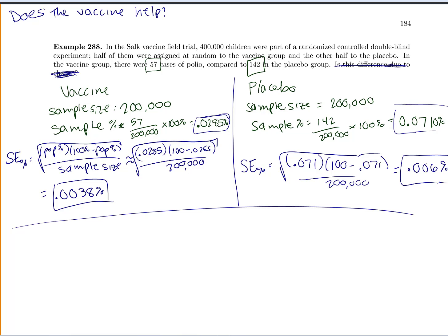So in that case, we would want the population percent for vaccine to be what compared to the population percent for the placebo. Well, if the vaccine helps, there should be less people that get polio in the vaccine group. So this should be less.